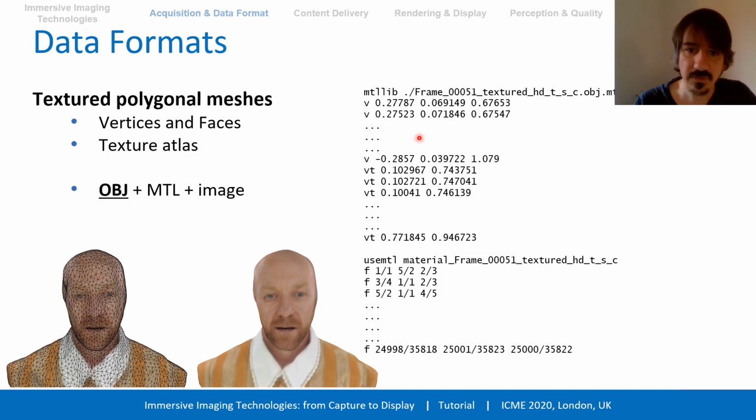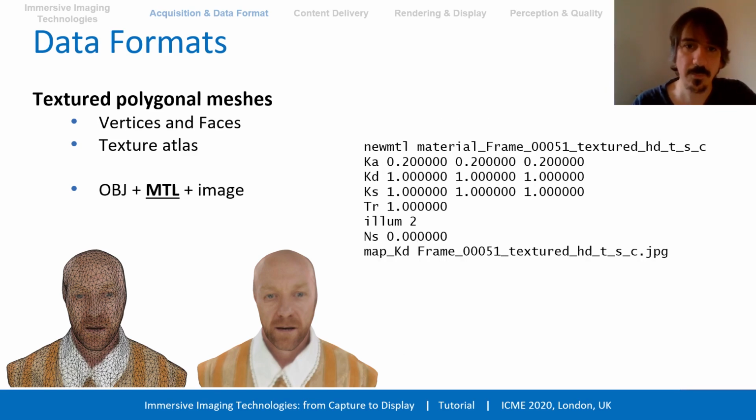It continues with the vertices, the vertex textures or UV coordinates, and the face information. For the face information, we have n different vertices and texture coordinates, which are specified as shown here, which helps 3D model reconstruction.